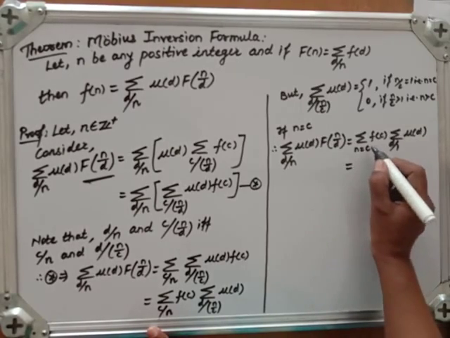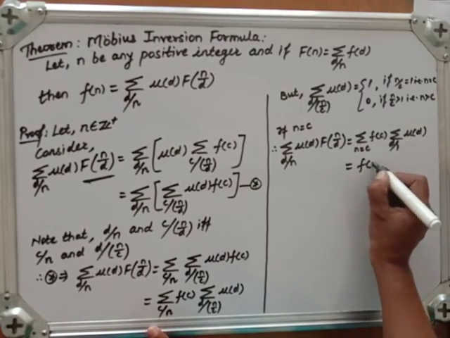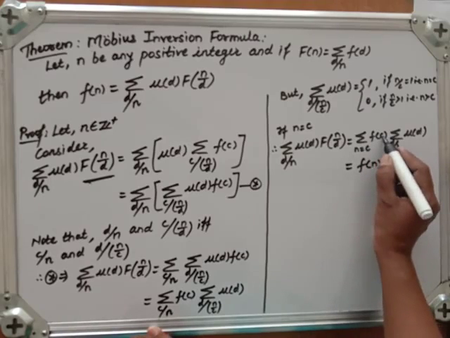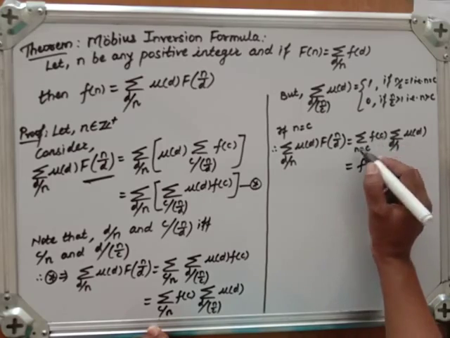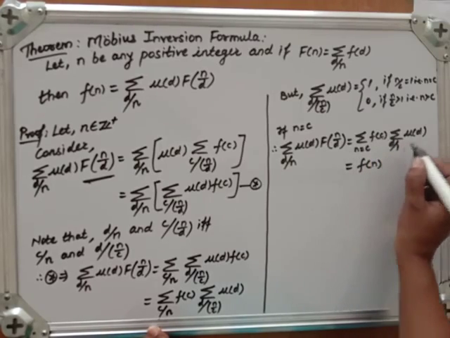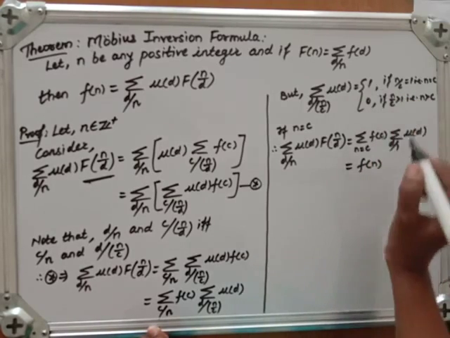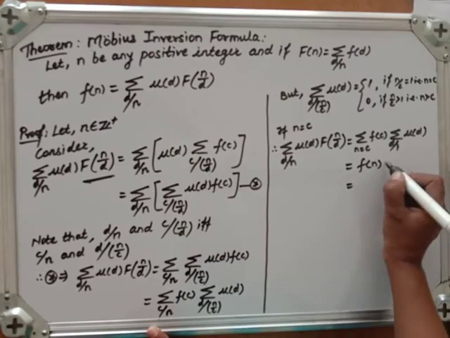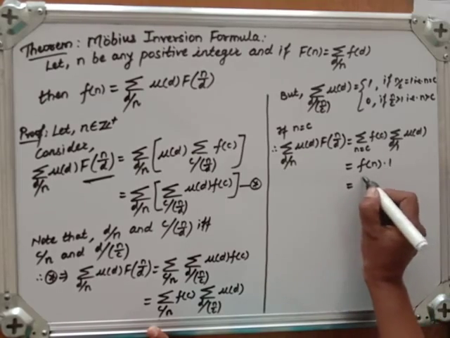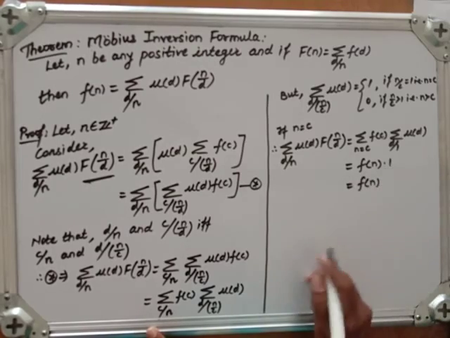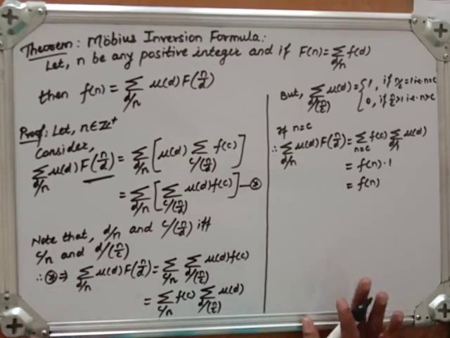So it will be f(n), where c is n, and this part will become 1. So f(n) into 1, that is the same as f(n). As such we can prove this.